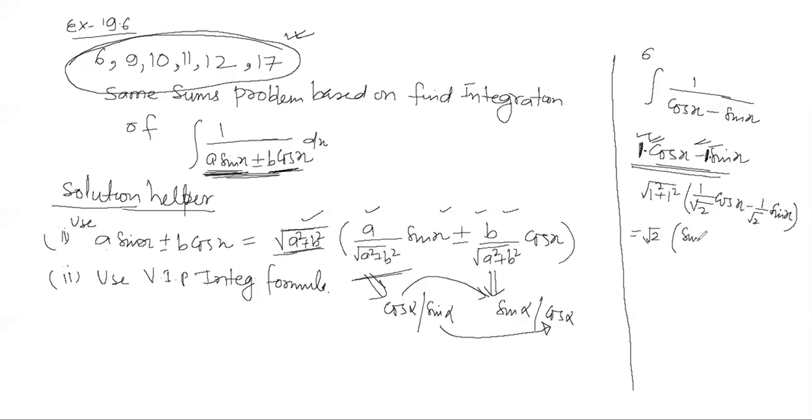So we can write sine 45 degree into cos x minus, if it is sine 45, I will write the other in terms of cos, so it would be cos pi by 4 into sine x. Okay, root 2.